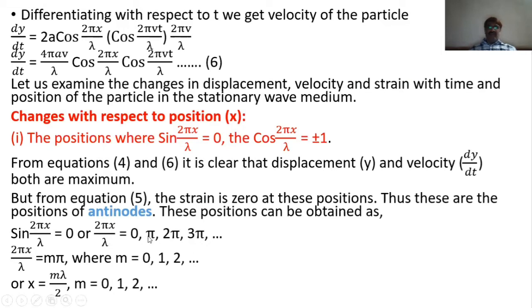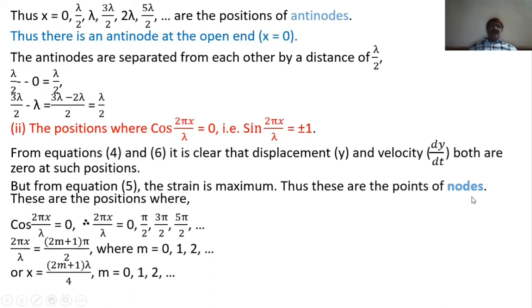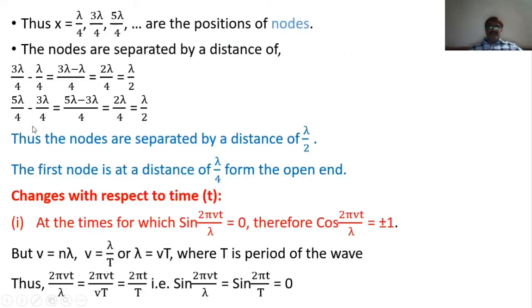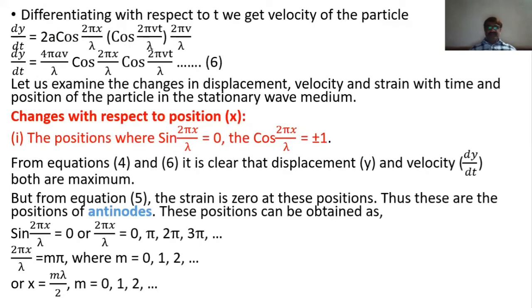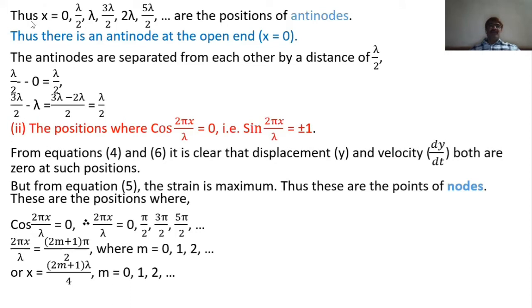The position of the antinode is at the xy interface. If we put the next values, the next antinode will be at lambda by 2, next at 3 lambda by 2, 2 lambda by 2. So these will be the consecutive positions of antinodes.